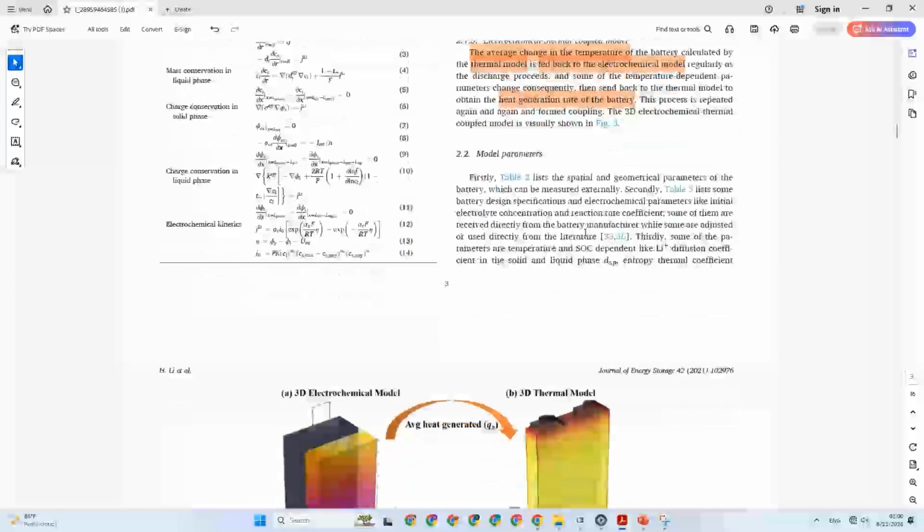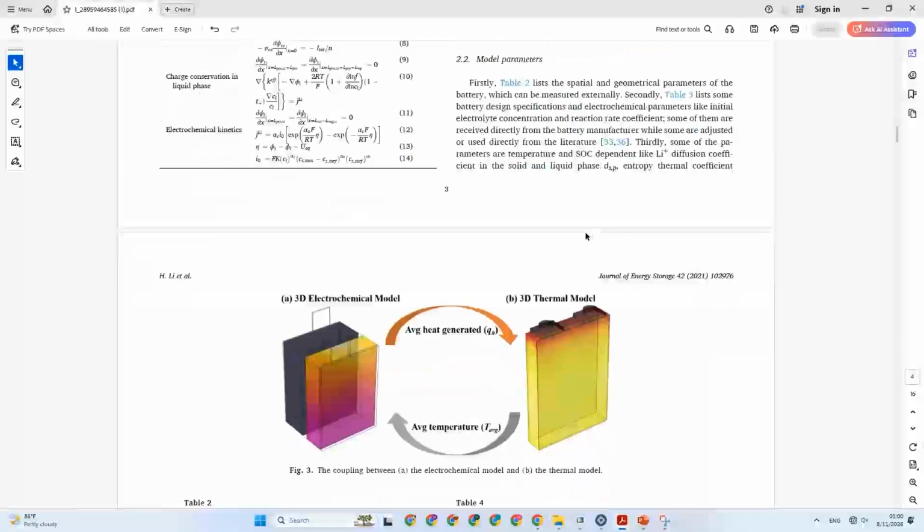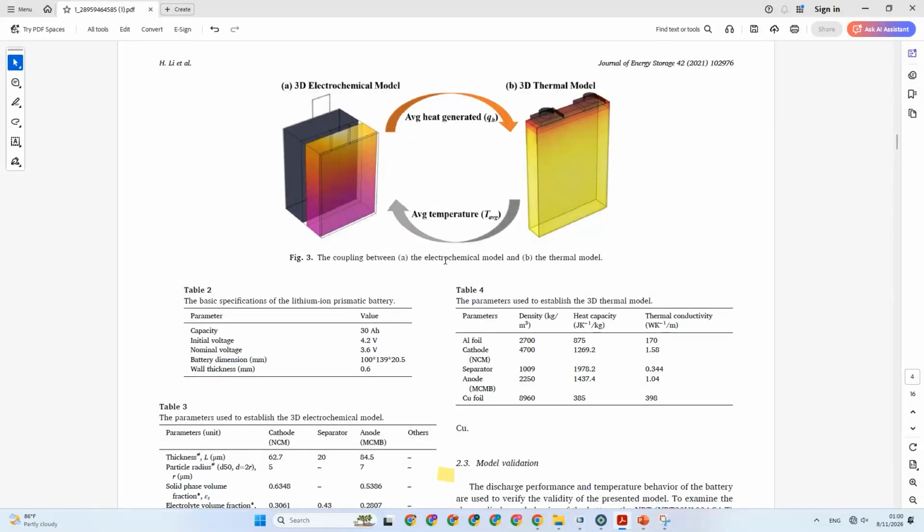Let me see Fig 3. In Fig 3, we have a 3D electrochemical model that uses average heat generated, QH, and here average temperature. Okay, average heat generated will go to thermal.